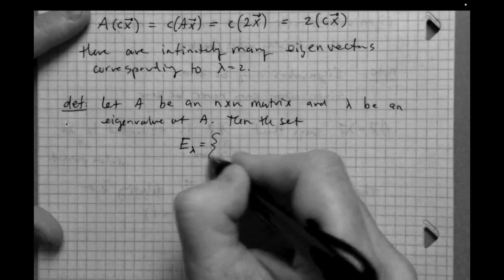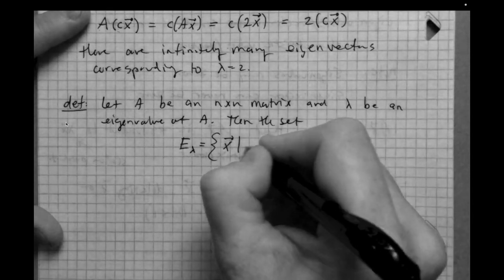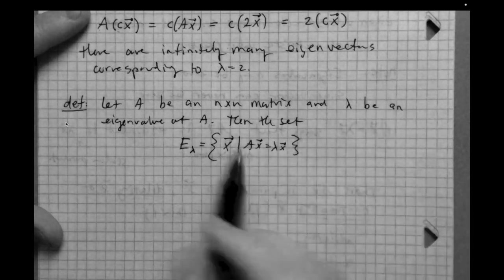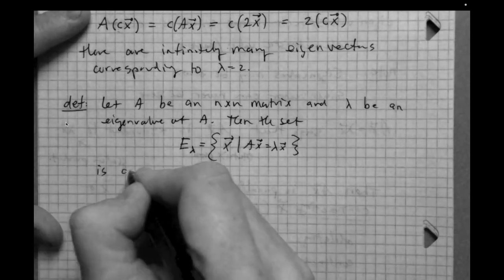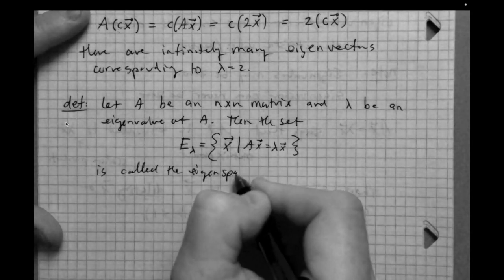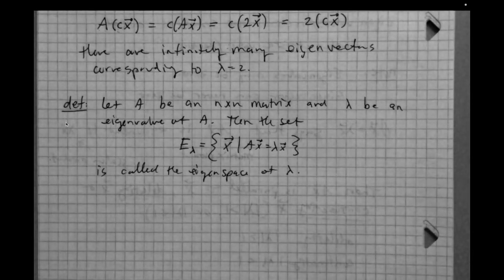E lambda equal to the set of all vectors such that Ax equals lambda x. This is called the eigenspace of lambda. Right, and this eigenspace is the set of all vectors associated with lambda, and this is going to naturally include the 0 vector.